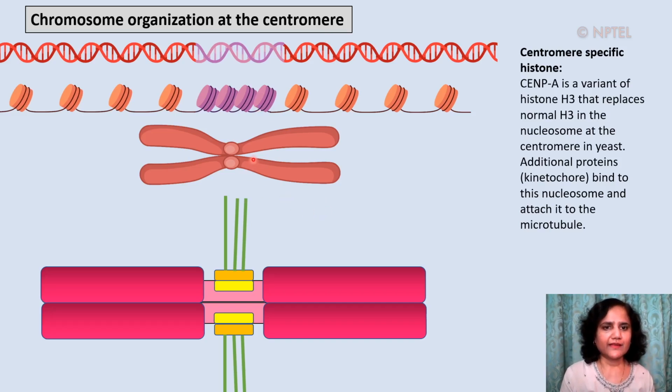Now, once this assembly is there, additional proteins bind to this nucleosome, and then they help in attaching it to the microtubule. So this variant helps in marking the centromeric region such that it can be recognized and attached to the microtubule.